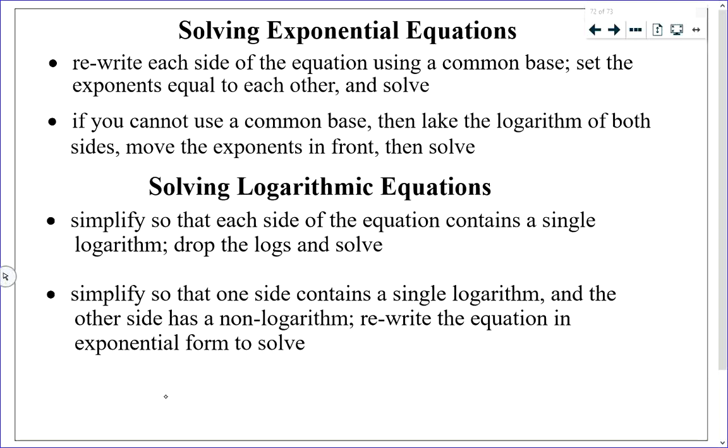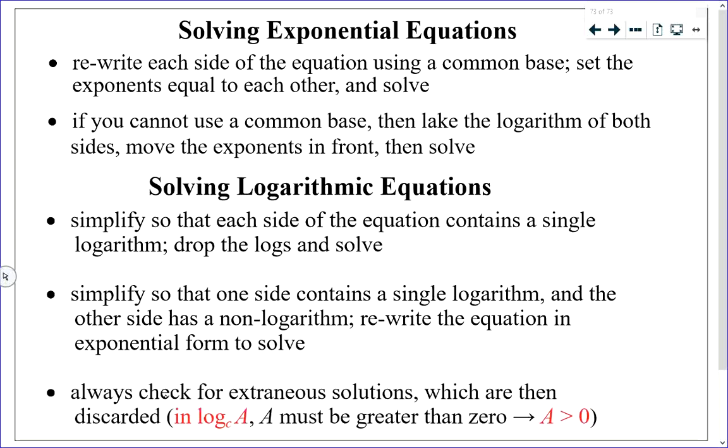By the way, there are other applications and other types of equations, particularly with logarithms, that are not summarized here. We looked in class at quadratic logarithmic equations as an illustration. One of the things to remember, though, about a logarithmic equation is you have to check for extraneous solutions. If your original equation contains a logarithm, you need to remember that the argument of the logarithm must be greater than 0.